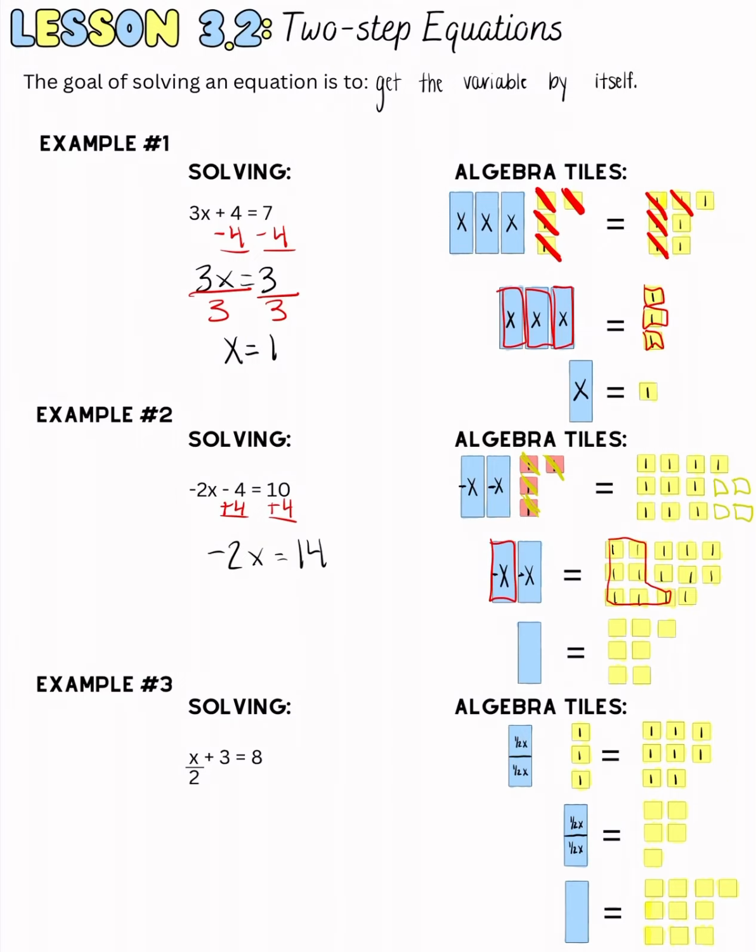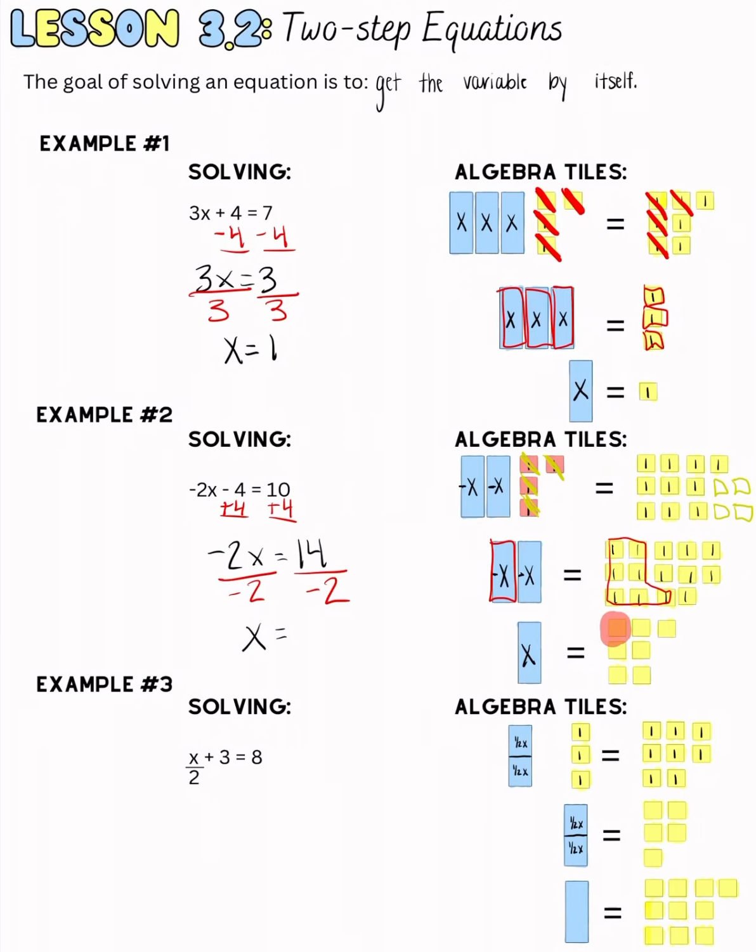Okay, so I'm going to divide by negative 2, and so x equals, now if you notice, because this is a negative x, if I want to switch this, these have to be negative 1s.